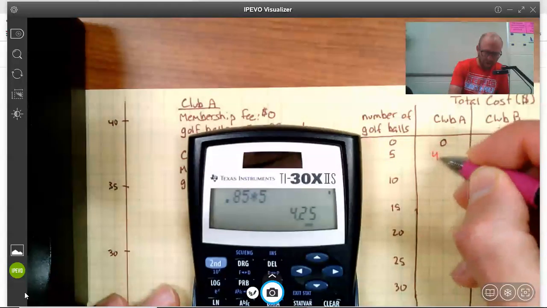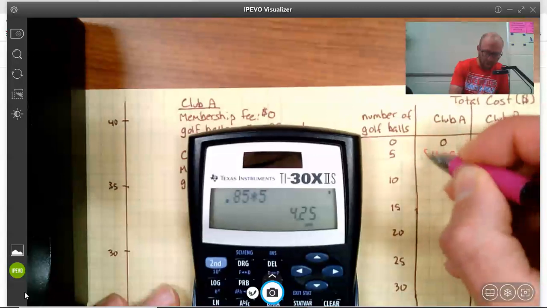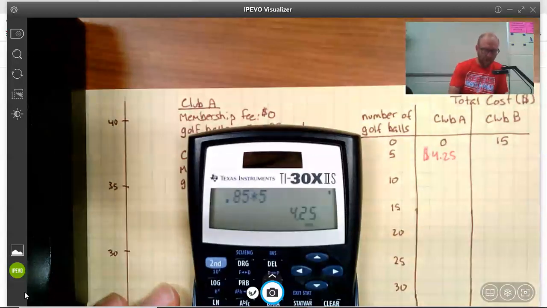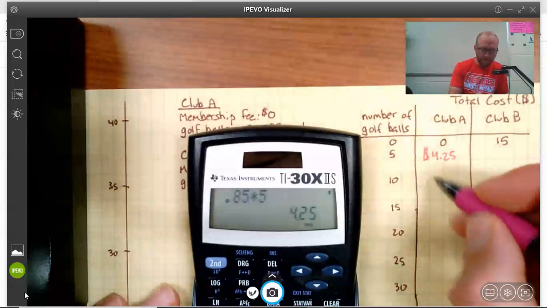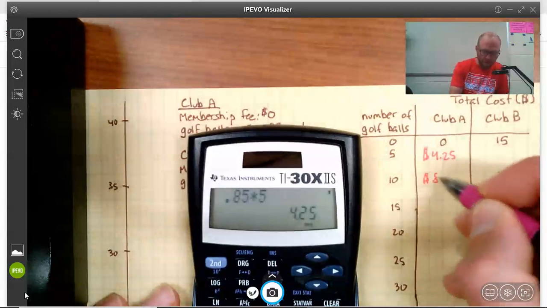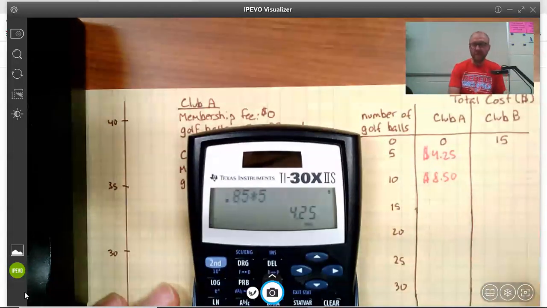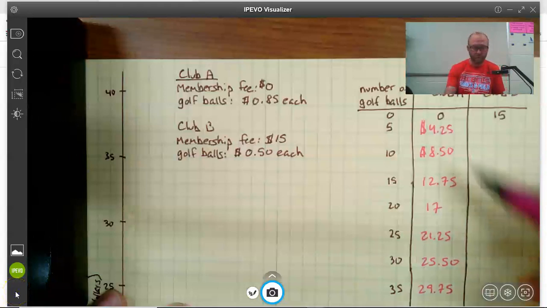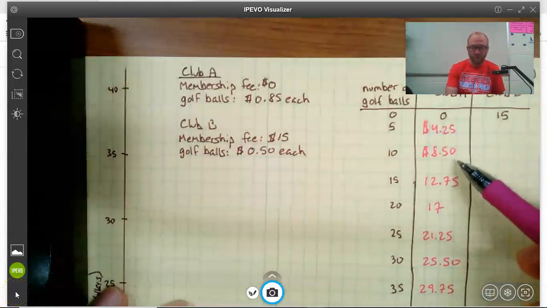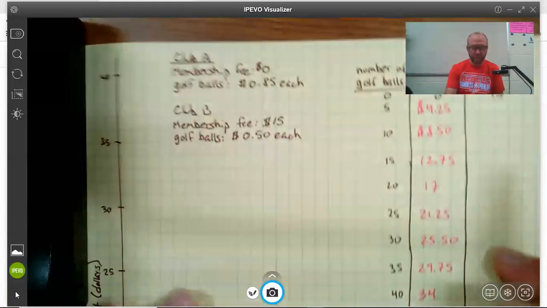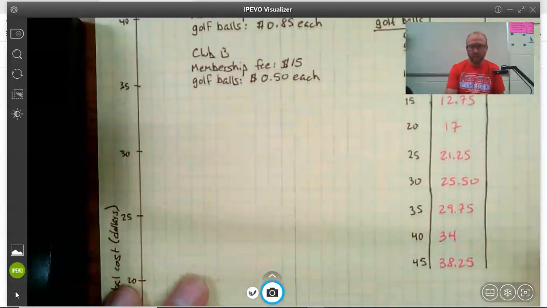And 85 cents times 10 is $8.50. I still want to just do this by myself because it's long and boring. Okay, so I finished up for the first club. $4.25, $8.50, $12.75. I went down to 45 golf balls, which is $38.25.